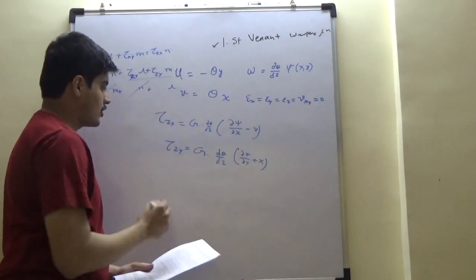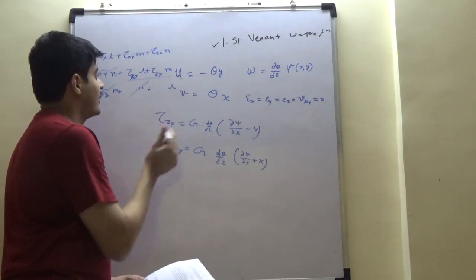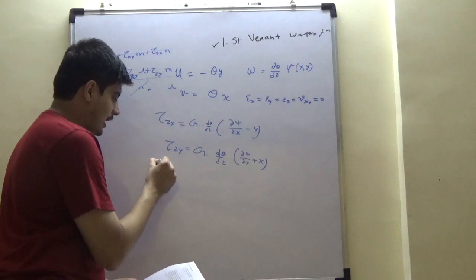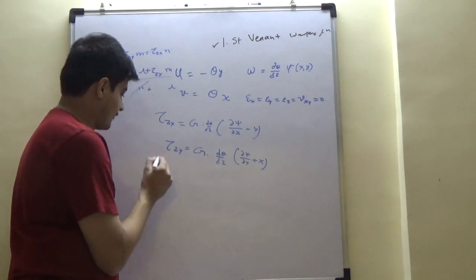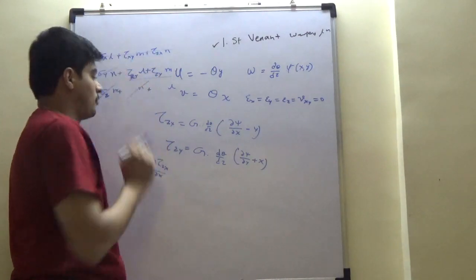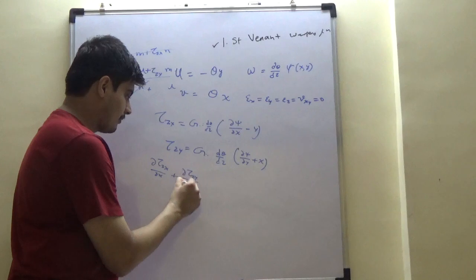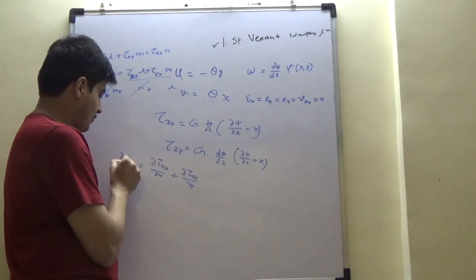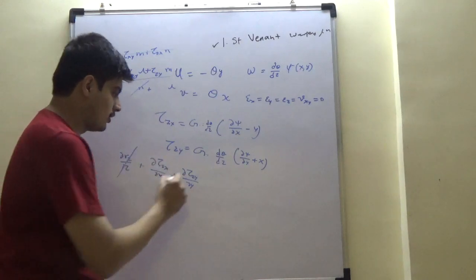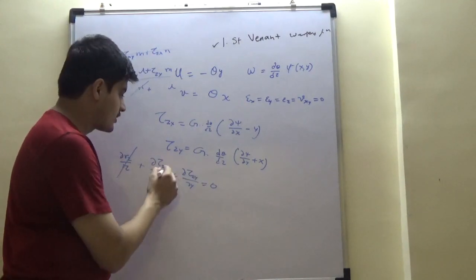And since these are directional constants, what we said further is from the equation of equilibrium, del tau zx by del x, plus del tau zy by del y, plus del sigma z by del z. This is anyway 0. In absence of body force, the equilibrium equation is this.